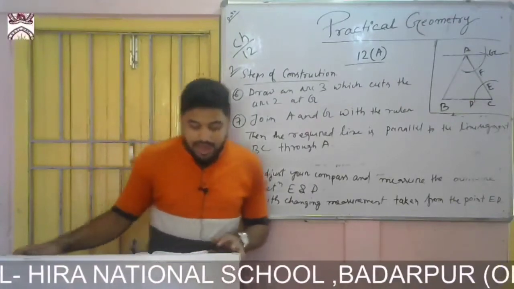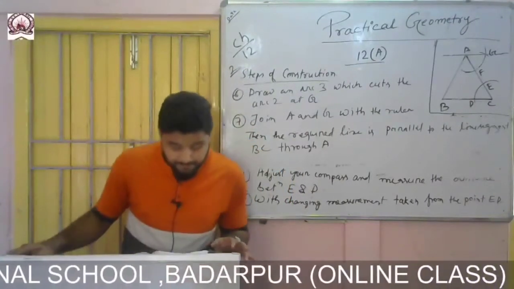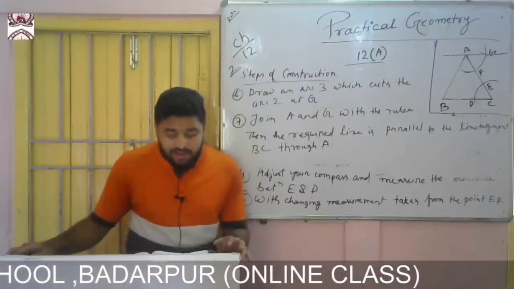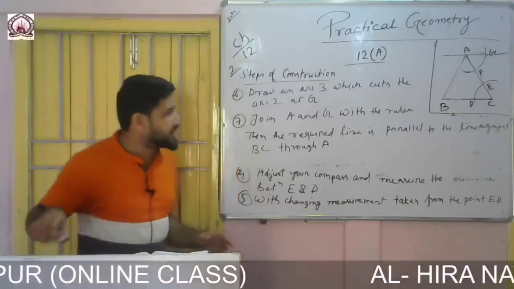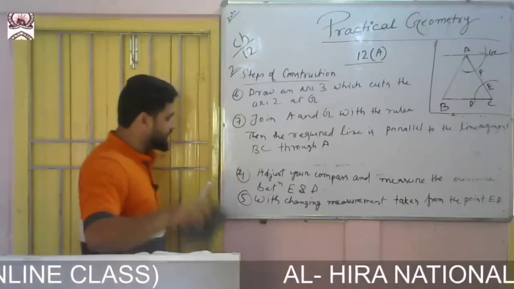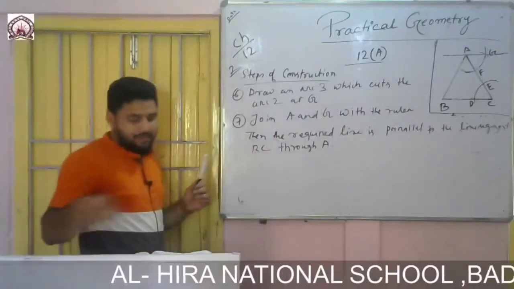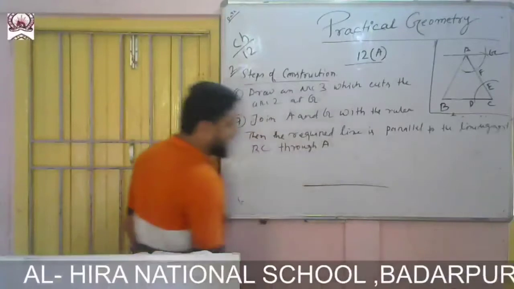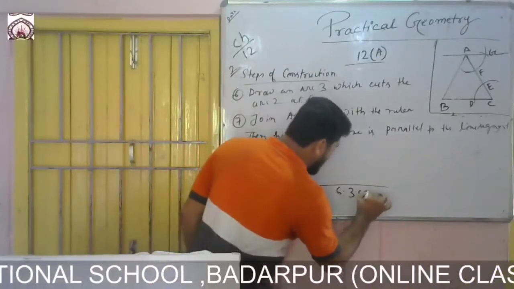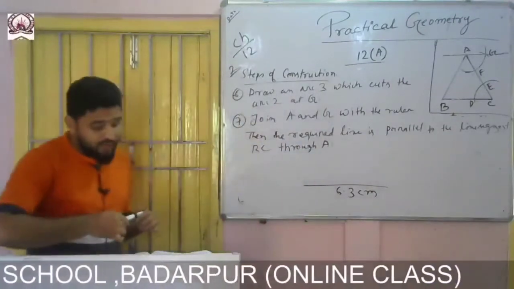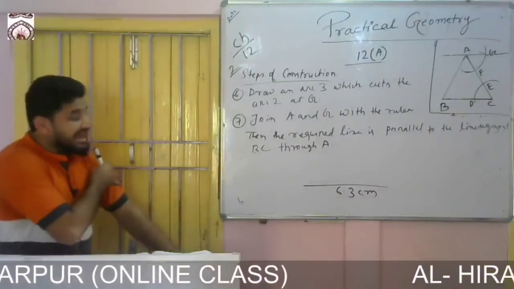That means I need to draw a line segment of 6.3 centimeter and another line at a distance of 3 centimeter from it. Let me draw a rough sketch. Suppose this is a line segment of 6.3 centimeter. Now what?